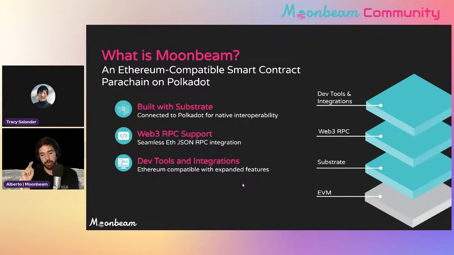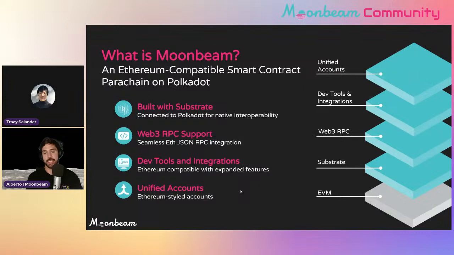I mean, you can write contracts in Vyper, in Solidity, you can use Waffle, Truffle, Hardhat, Foundry, Web3 Python. So it doesn't really matter. As long as you can use it on Ethereum, it will work with Moonbeam out of the box. And you have also indexers like The Graph, right? So it is this Ethereum environment, but in a separate blockchain that is called Moonbeam.